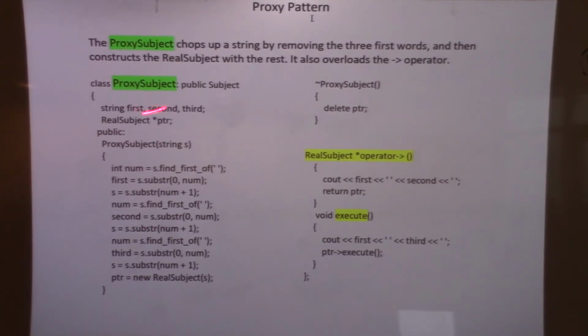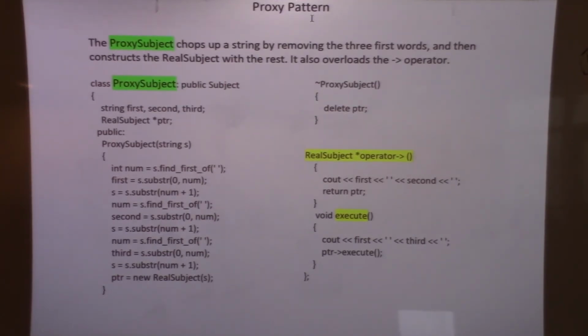The proxy subject here, very confusing looking, so don't try to figure it out, chops up a string by removing the first three words and then constructs a real subject with the rest. It also overloads the pointer operator.